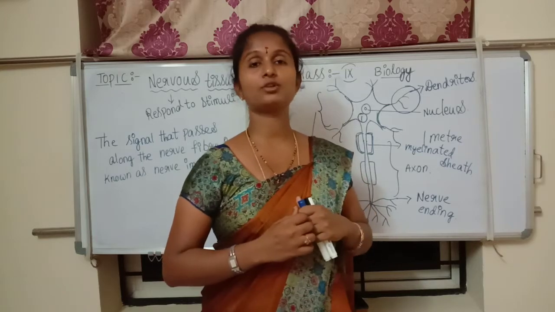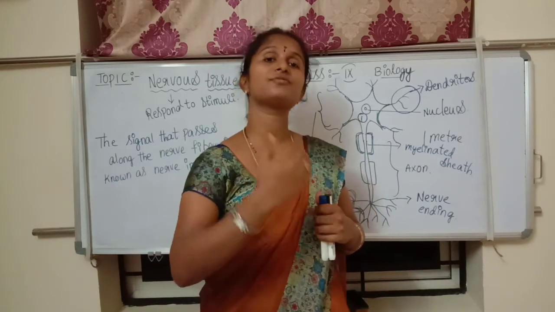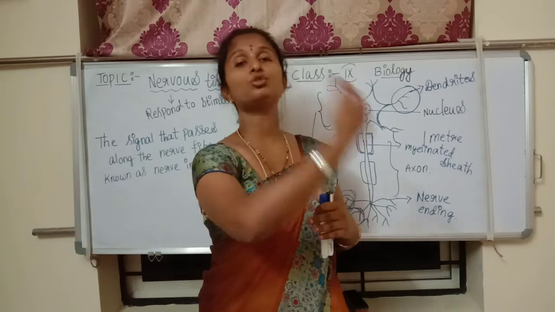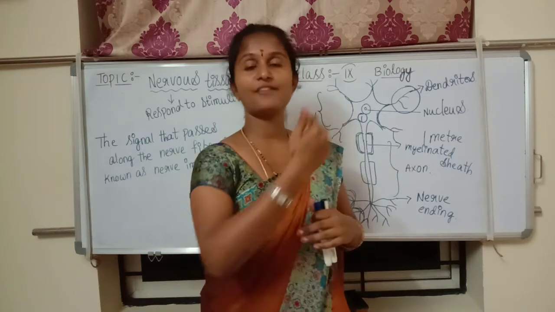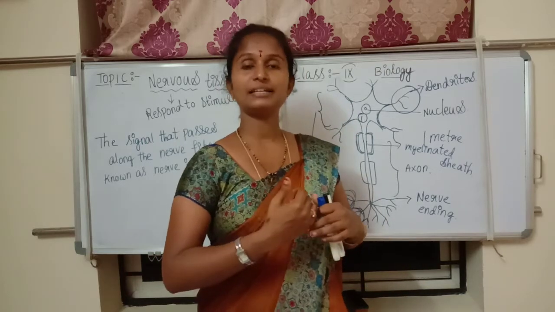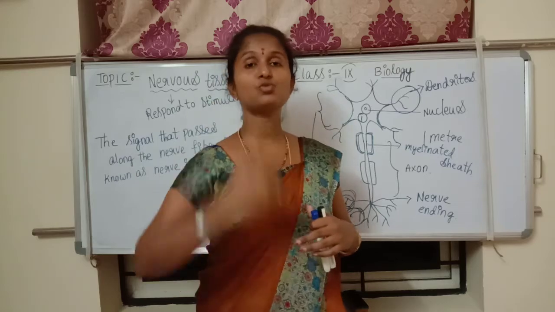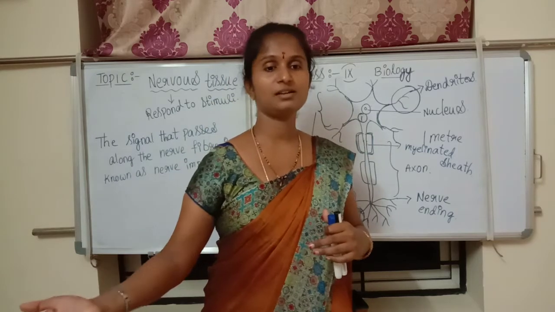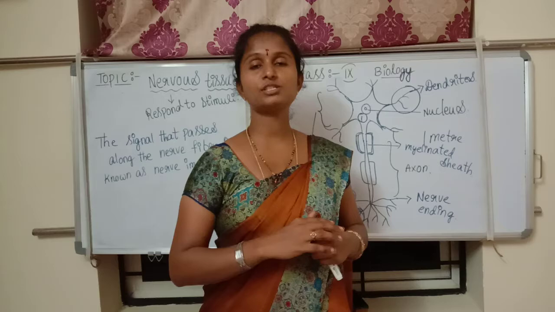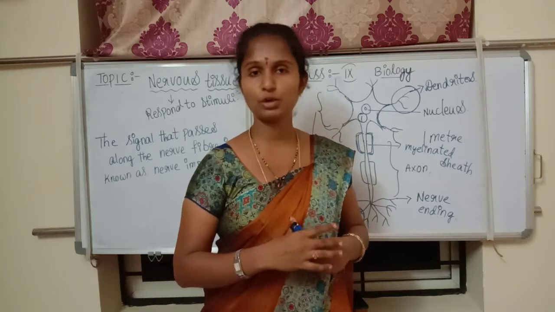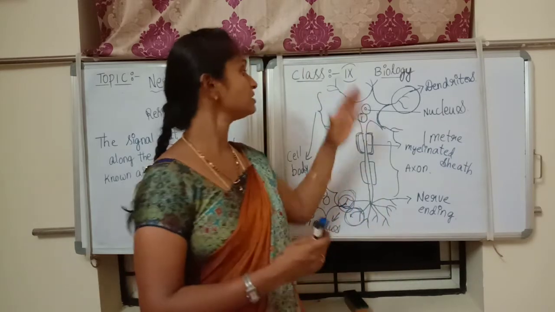These nerve cells are helpful to transfer information from one nerve to another nerve in order to respond. Our body needs to respond, and this information will be passed within the body, not outside the body. These nerve cells are also called neurons.